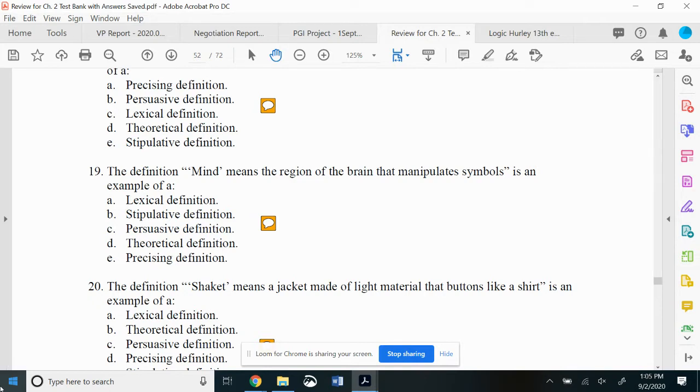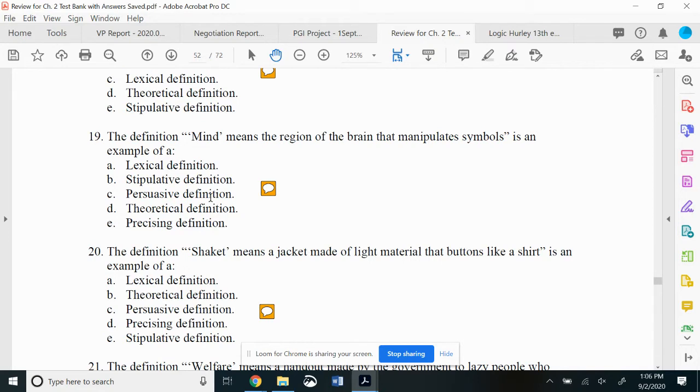The best theory we have now on mind is this. So it seems like some of these theoretical definitions, it's a war between philosophy and science. Sometimes they agree, sometimes they don't, but they're theoretical. As Hurley would say, they're never factual 100%. They're never all or nothing. They're subject to revision. That's how theory works in the scientific world or the philosophical world. When we have a better theory, it replaces the older theory.